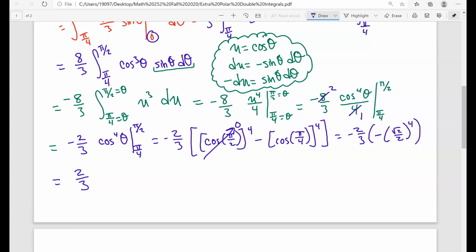Then we can go to our calculator to figure out what the square root of 2 over 2 to the power of 4 is, and you get 1/4. So you're going to have 2 over 12, or 1/6. This will be the answer for the double integral over the region R of y.